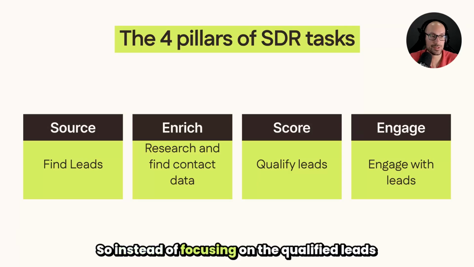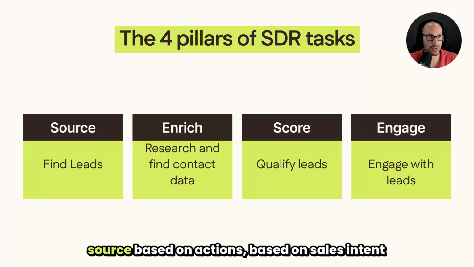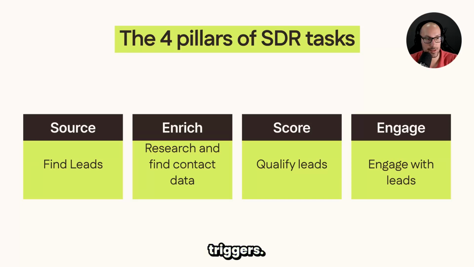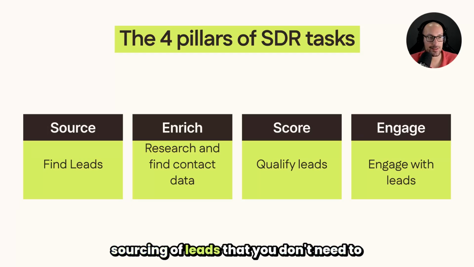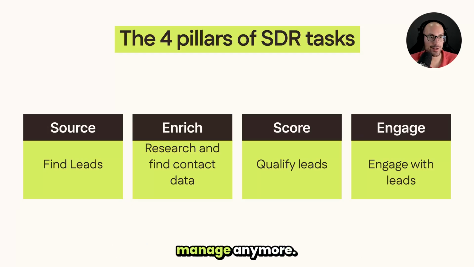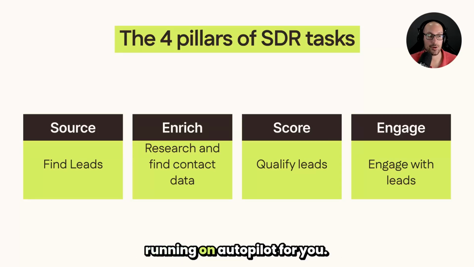So instead of focusing only on the qualified leads, which you also need to have as a list, you can source based on actions, based on sales intent triggers. That helps you create an automatic sourcing of leads that you don't need to manage anymore. Once you set it up, it's going to run on autopilot for you.